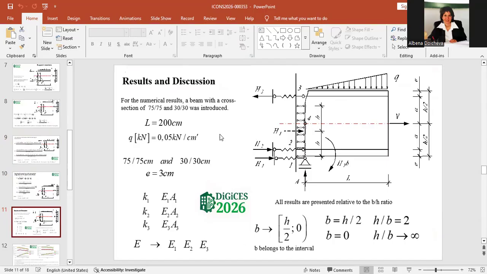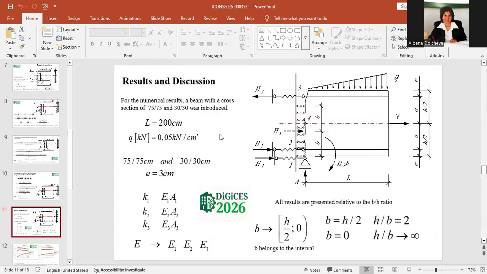Result and discussion: we will make all numerical calculations for two cross-sections. The first beam has a cross-section of 75 by 75, and the second beam has a cross-section of 30 by 30. The length of the beam is 2,000 centimeters.